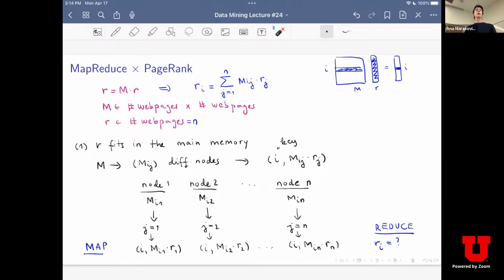So if we had another row, K, we would just find all these pairs where the key is K, and we would do the same thing. We would just sum that group of key value pairs where key is K. And that's how we would find every single value dimension in our vector R, which is R1, R2 to Rn.